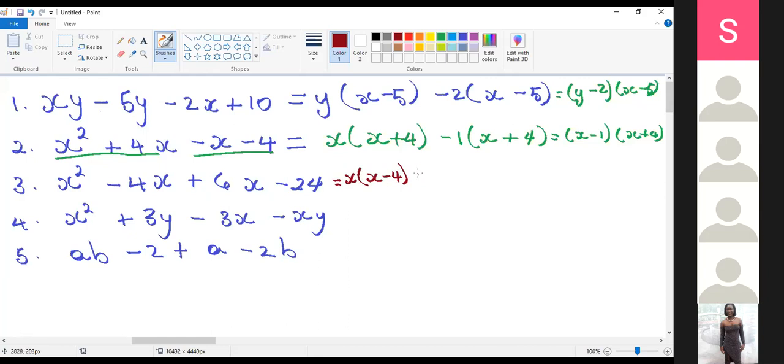A positive 6. And what's inside the bracket? x minus 4. That's 6x minus 24. All right. And so you'd have x minus 4 in one bracket, and the next bracket you'd have x plus 6. So if you put your x plus 6 first, it doesn't matter. Okay. Right?